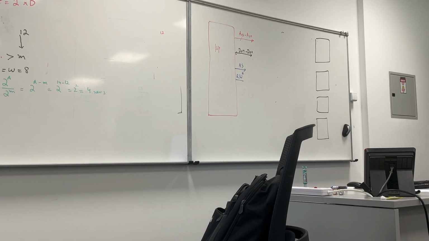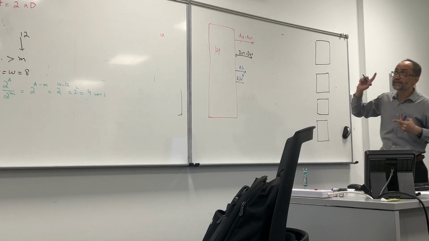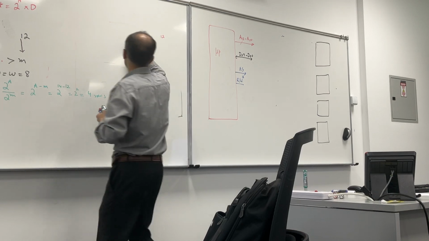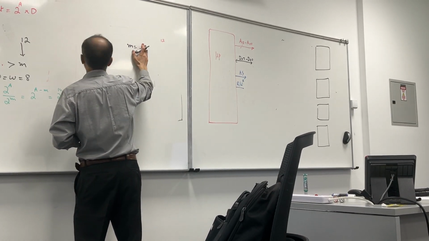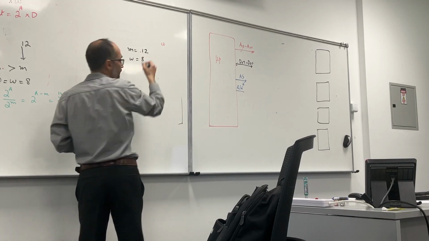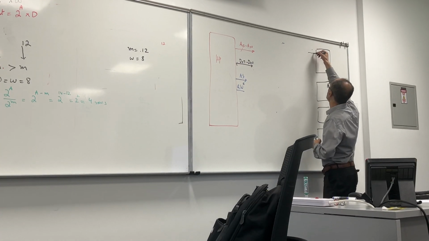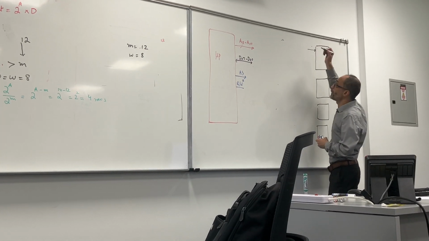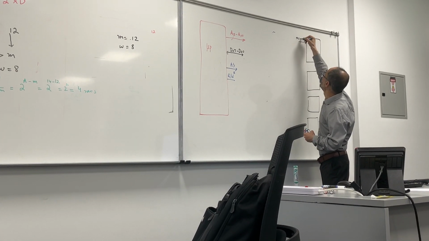Now if you look at the main memory, what is M? M is 12. And what is W? 8. If M is 12, we have M11 to M00.